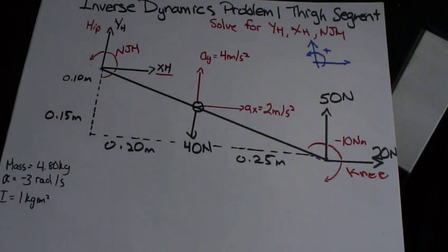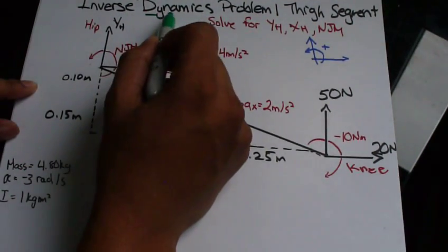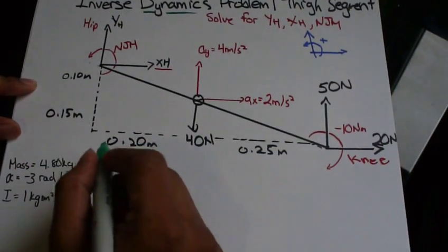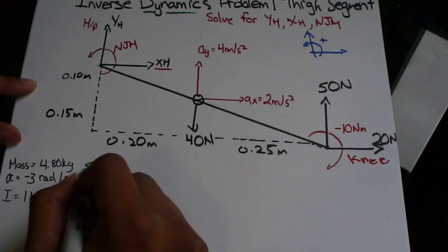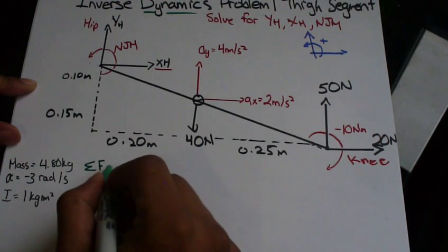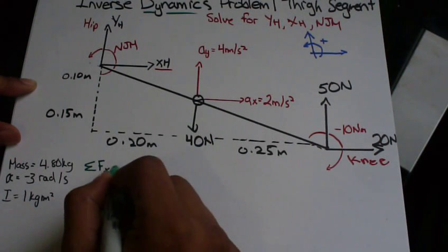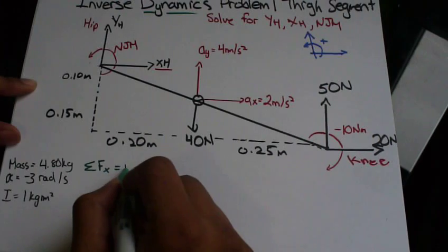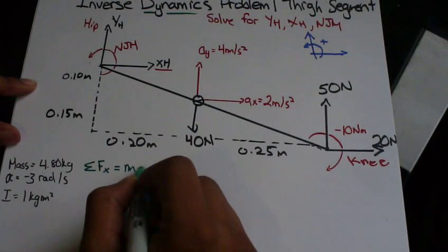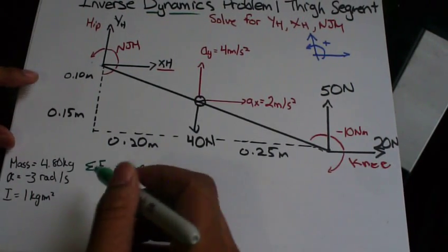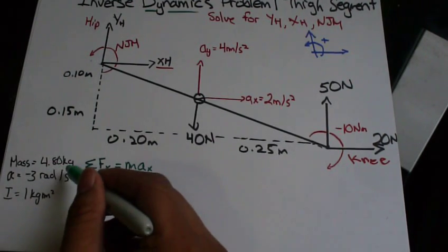Static implies that the acceleration is 0. Here it is not, because dynamic. Alright, so the sum of the forces always starts off like this: in the x direction is equal to m, the mass, times ax. Mass is right here, it's given to us as 4.8 kilograms.